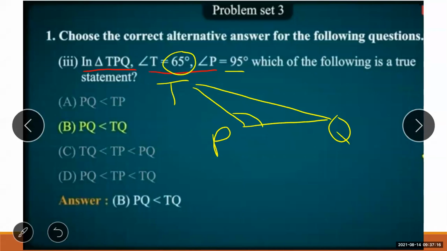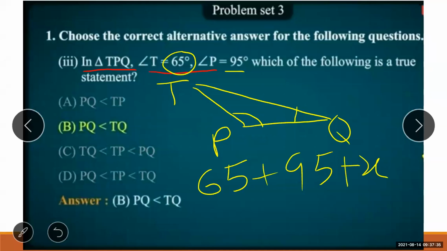So the rest of the angle, Q, how will we find the value of Q? The sum of all the angles of a triangle is 180. We know it, that property we also learned. So let's see, 65 plus 95, and suppose that the angle Q will be x. And the total will be 180.